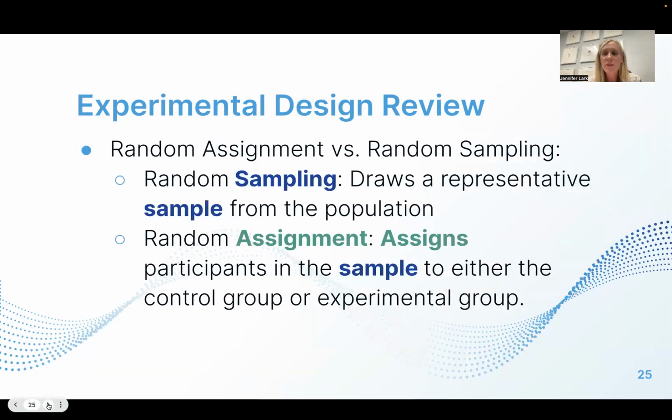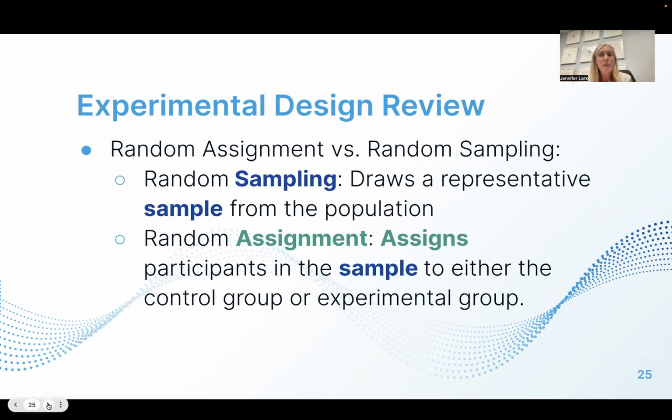Okay, and just one final clarification. I've noticed that it's really common for students to confuse random sampling from random assignment. So just want to go over that one more time. So random sampling has to do with getting our participants from the larger population. We want to select them randomly so that the sample that we get represents the larger population on important characteristics.